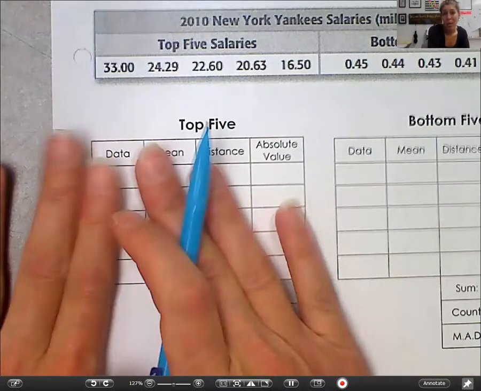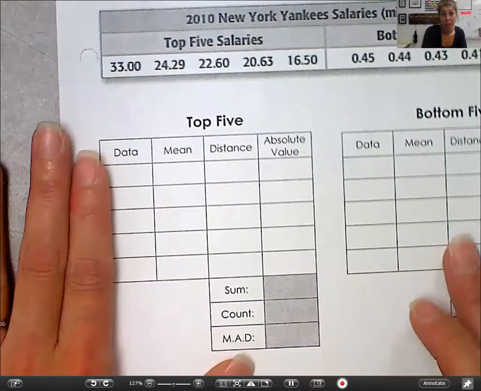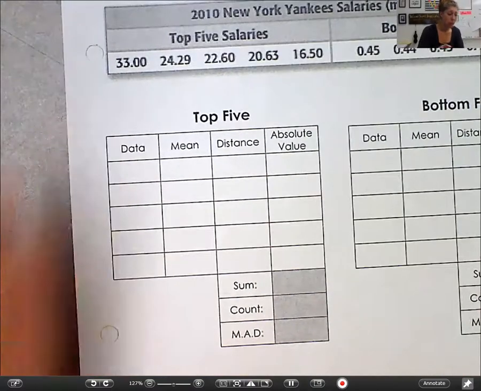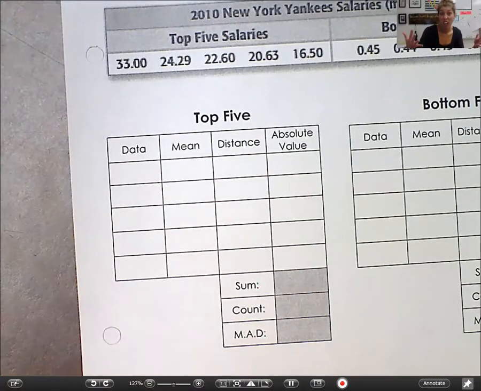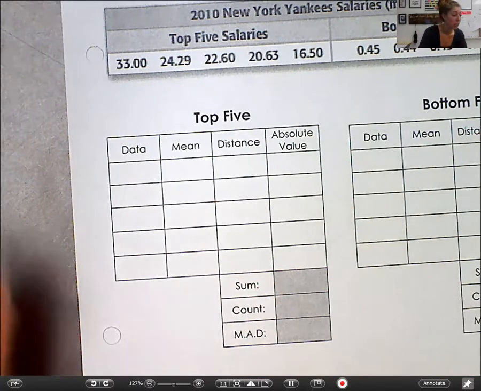So when I calculate the MAD for this problem, I'm going to see that it's pretty large because of that variance, right? I could tell you more about it, but actually working it out is the best way for me to explain it to you.